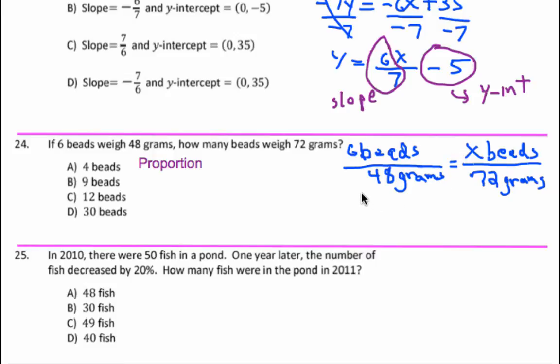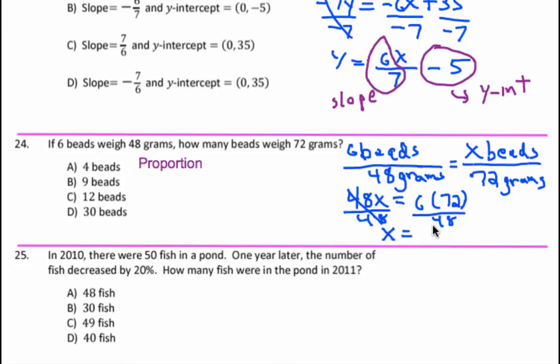Now you cross multiply, so we'll get 48x equals 6 times 72. We'll divide both sides by 48. The 48's cross out, so you'll get x equals.